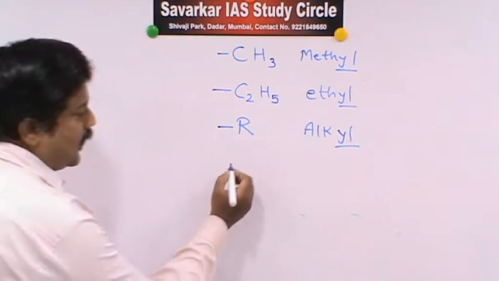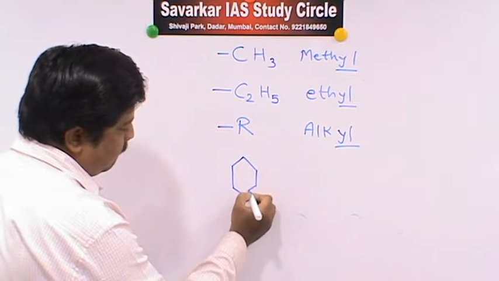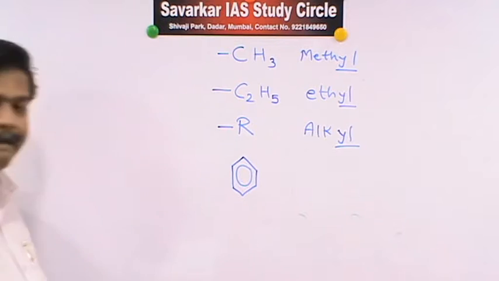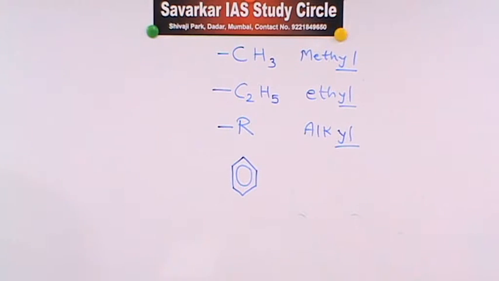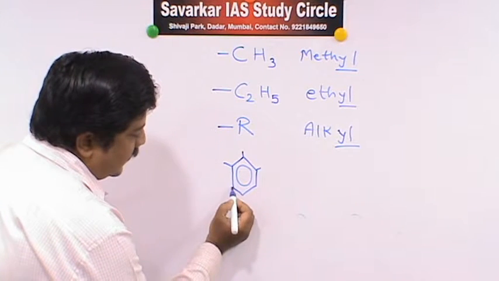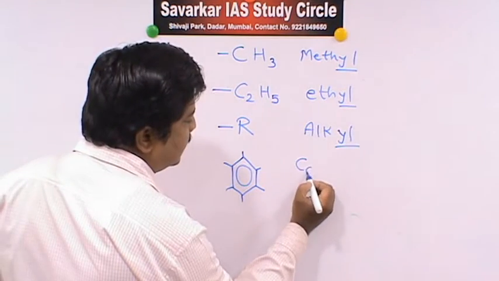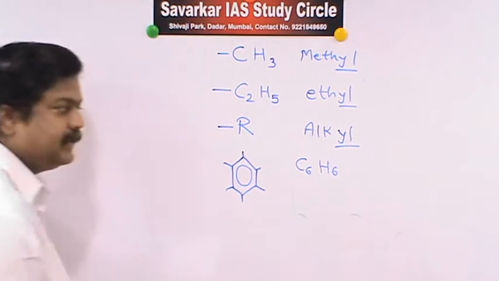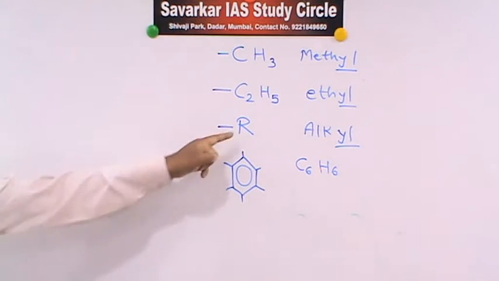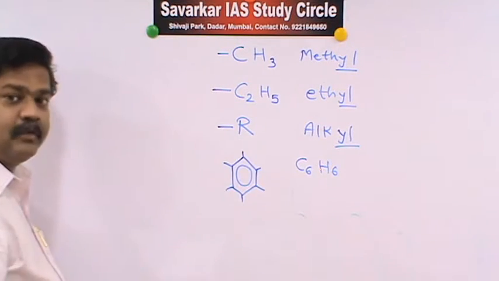Same way, you are aware, this is a benzene ring, an aromatic compound, where all these carbon atoms are attached to hydrogen atoms. So the formula of benzene is C6H6. Now as in the case of the alkyl group, we remove one hydrogen from this side.